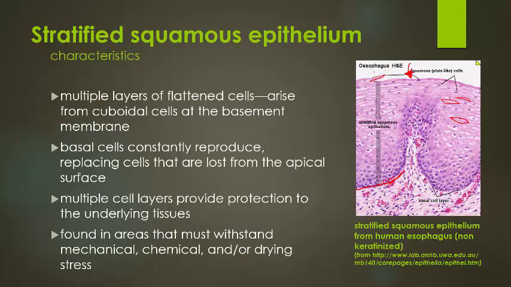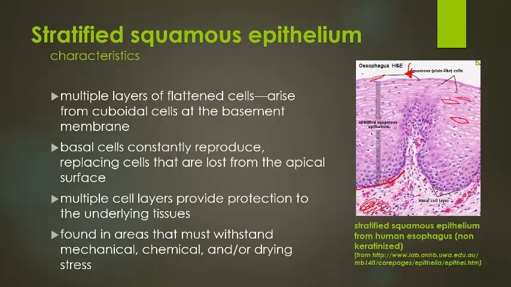So the basal cells, they constantly reproduce. They get lots of nutrients from this material down here. That's another tissue, a connective tissue, where the blood vessels can be found. And so we have constant reproduction down here as the cells get further and further away from their nutrient and oxygen source.